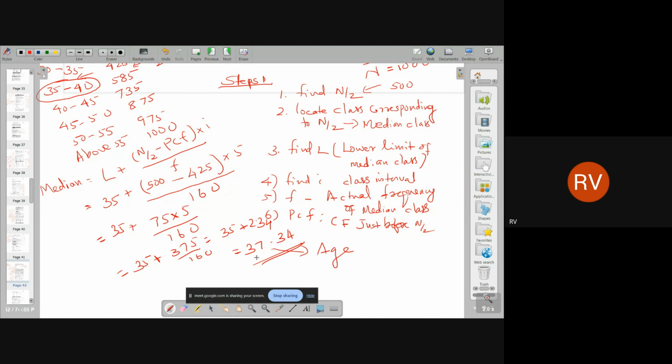If the value of median is 37.34, it means that 50% of the workers have age below 37, and 50% of the workers have age above 37. That is median.